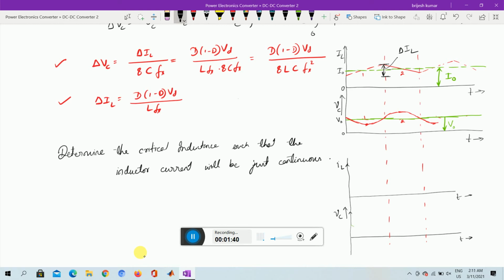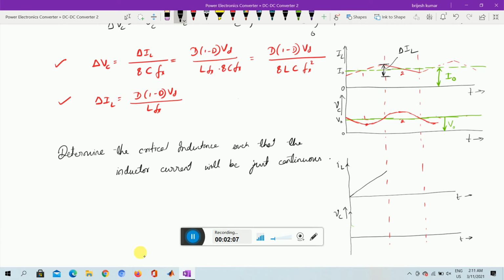So let us try to understand how to determine the critical inductance such that the inductor current will be just continuous. That means for what value of L will the inductor current be just continuous. So for that, let us draw the inductor current over here.